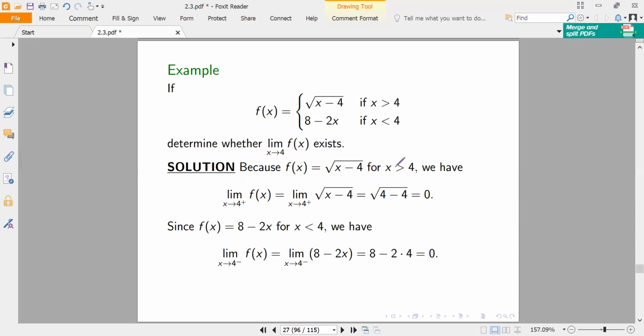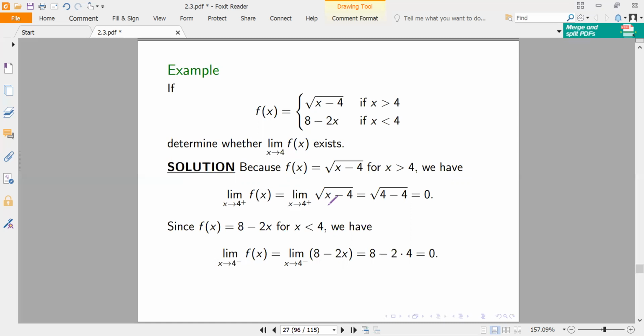So looking at this function, the root function of x minus 4, we use this function if x is greater than 4. So if you look at the values that are greater than 4, 5, 4.5, 4.2, 4.1, all those values that are greater than 4, and we evaluate the limit. Remember we said the limit of a root is the same thing as the root of the limit.